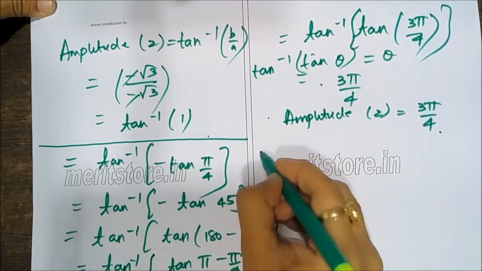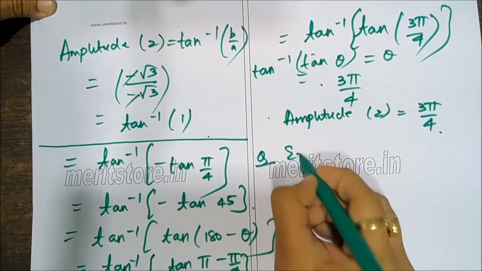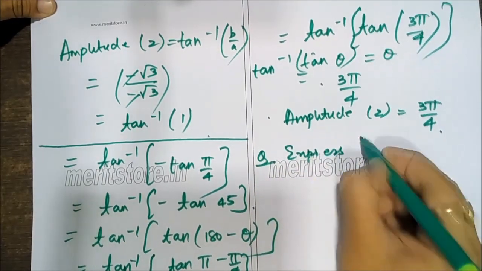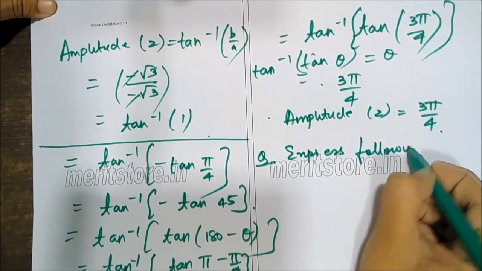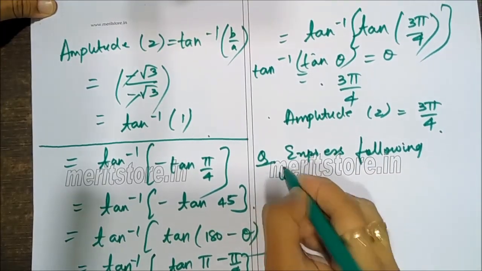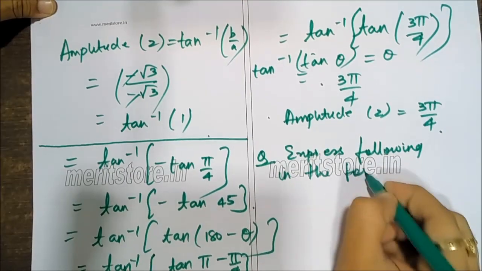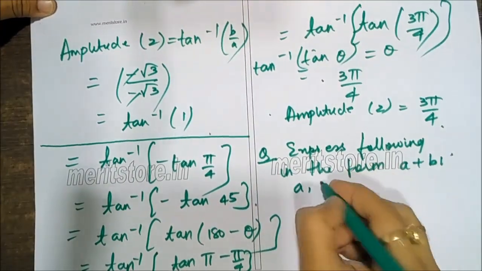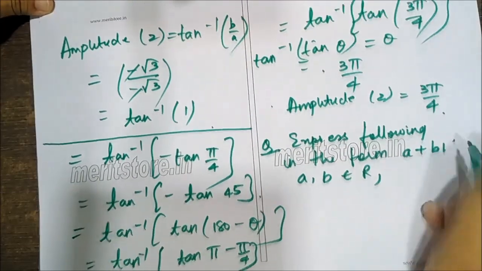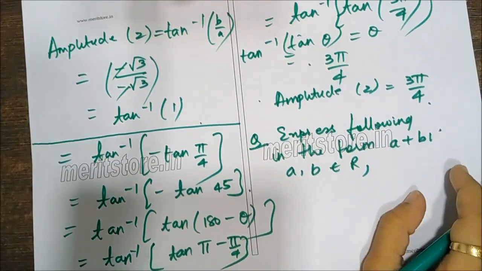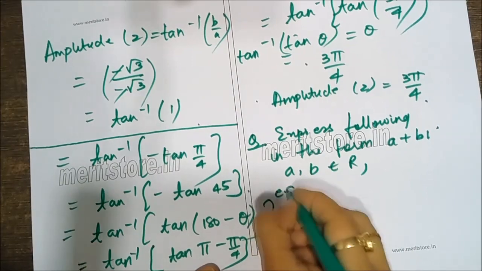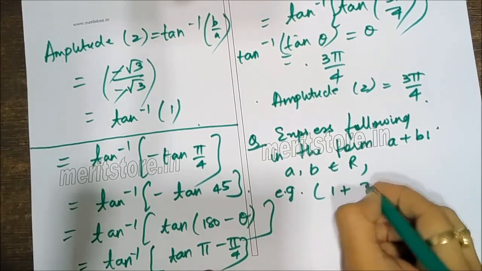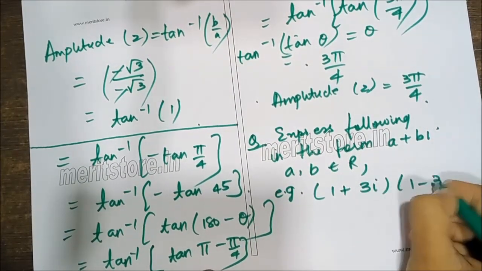Now express the following in the form of a plus bi, where a and b belong to real numbers. Example, 1 plus 3i times 1 minus 3i.